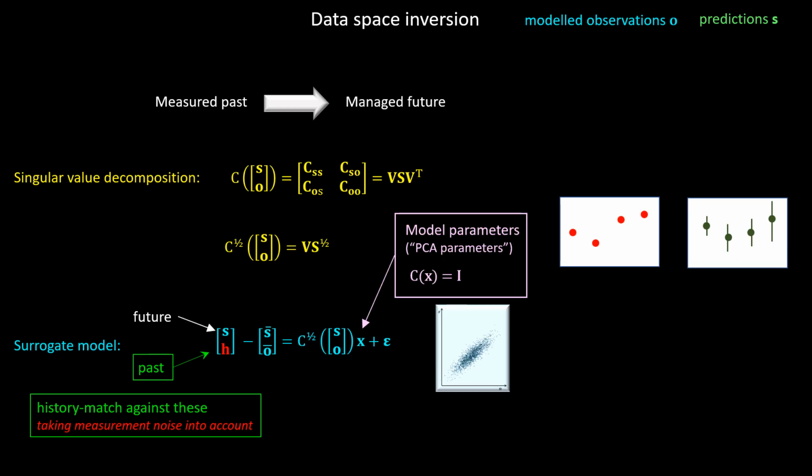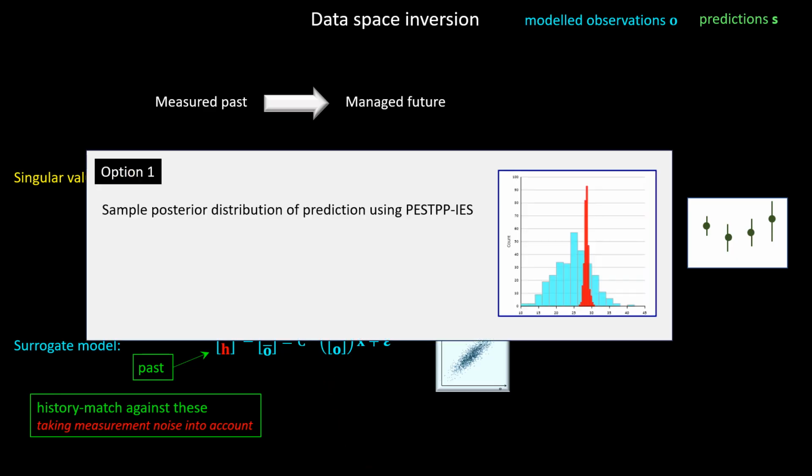I'm able now to calculate the posterior mean of any of the predictions of interest and associate uncertainties with those predictions. There are two ways in which we can history match this statistical surrogate model. The first option is simply to use PEST PPIES. This enables me to sample the posterior probability distribution of model predictions of interest.